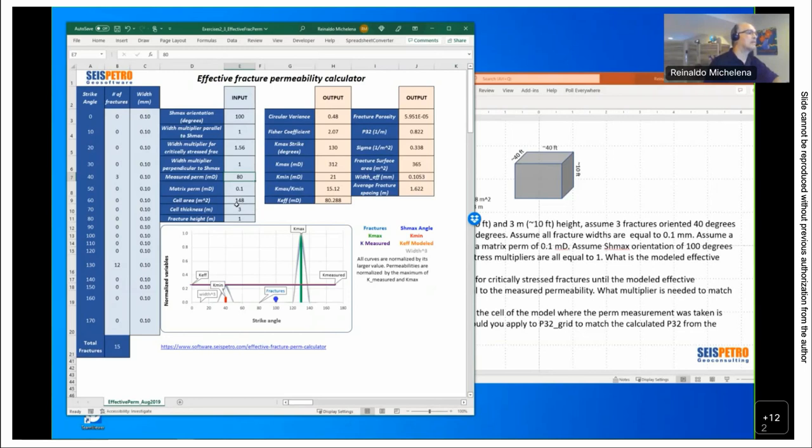Maybe the cell thickness, perhaps. No, because all values for the output on the left column, the first output column, are the same as yours. Okay, but in this part, you get something different. Yeah, completely different. My porosity is 5 raised to the power minus 4.